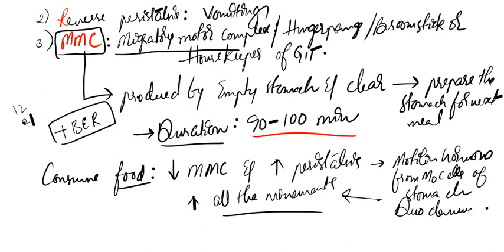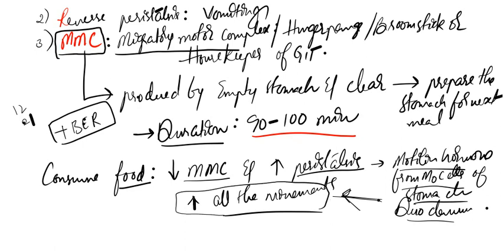When food is consumed, food is also one of the stimuli. This food, accompanying the basal electrical rhythm, causes a decrease in migratory motor complex and an increase in peristalsis. This increase in peristalsis leads to initiation of motilin hormone from the ammo cells of the stomach as well as the duodenum. This in turn leads to various increases in movements of the GIT. Got it? Okay.